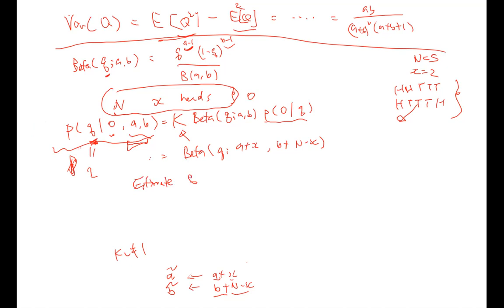I can do a couple of things: MAP, or maybe Bayesian. I won't say maximum likelihood, because I already introduced this prior, so it won't be maximum likelihood. If I try to estimate q with either MAP or Bayesian, maybe we can start with Bayesian. Given that the probability of q is equal to this, what should be my estimate?